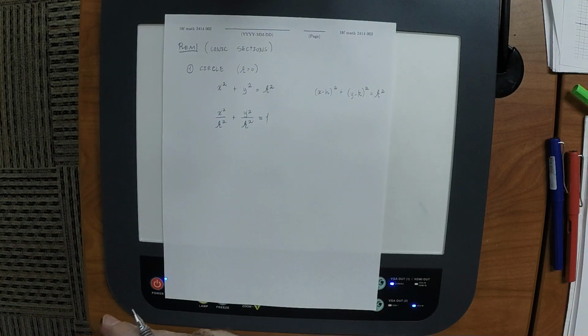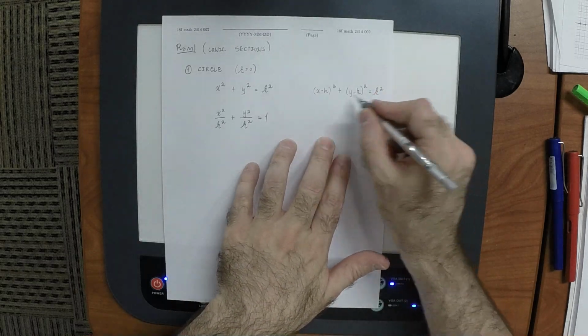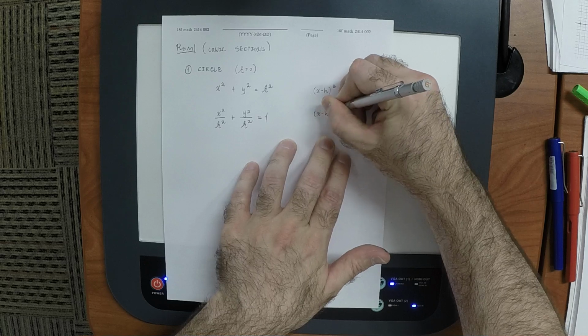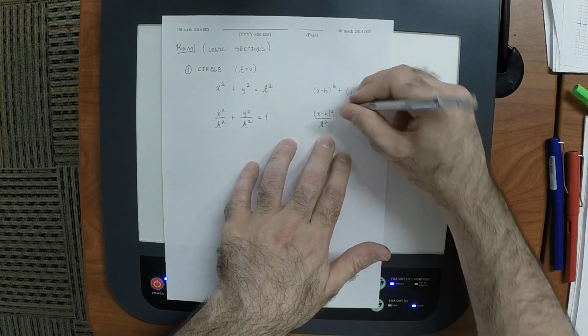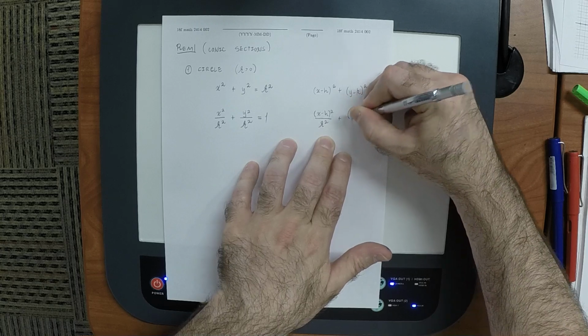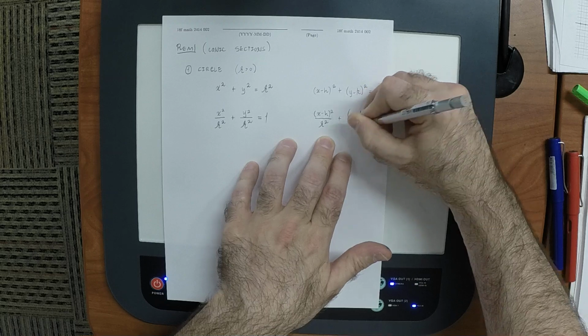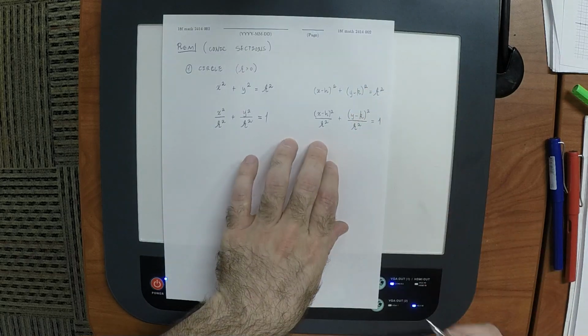That's kind of a weird thing, but it is true nevertheless. Similarly, I could take this one and say that this is (x minus h) squared over r squared plus (y minus k) squared over r squared is equal to 1.